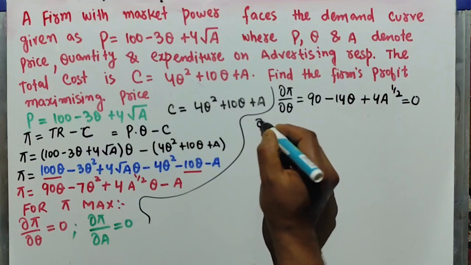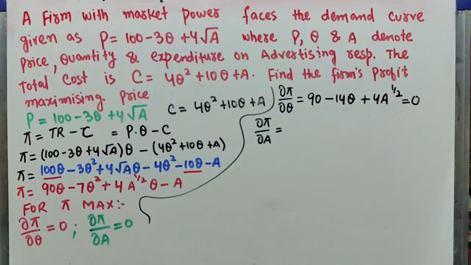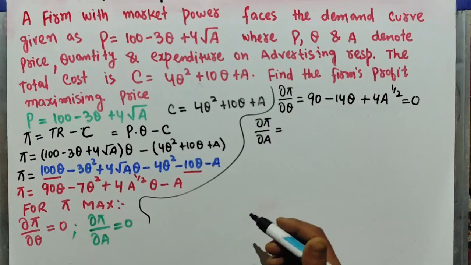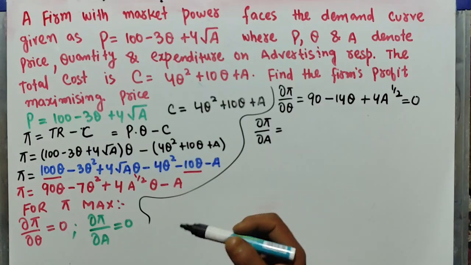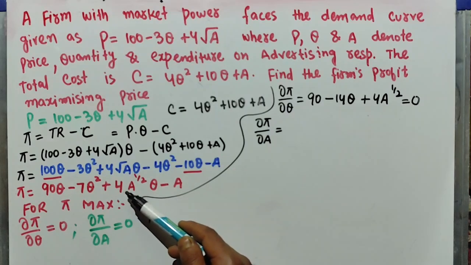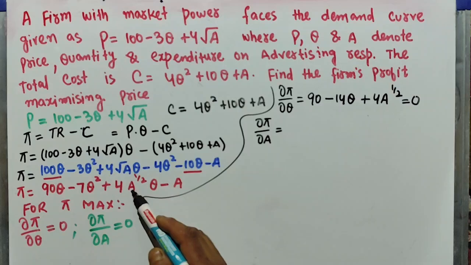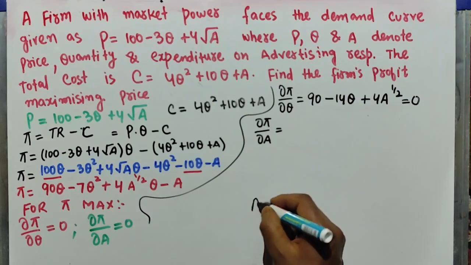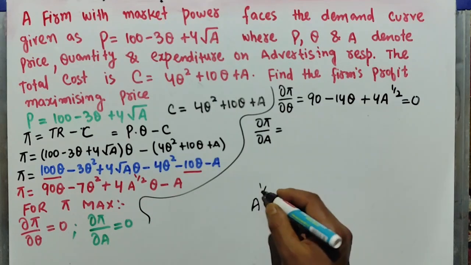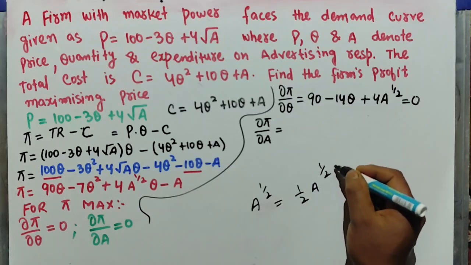Similarly, d pi upon dA, the marginal profit with respect to the level of advertising expenditure, should also be equal to 0. This implies we take the partial of the profit function with respect to A this time. Since no A is involved in the first two terms, their derivative is 0. Now what is the derivative of A raised to power 1 upon 2? By the power function rule, the exponent becomes the coefficient and the exponent is reduced by 1.